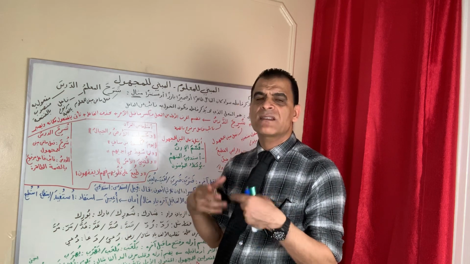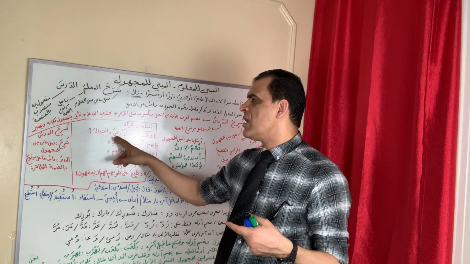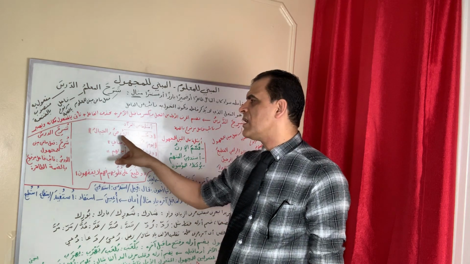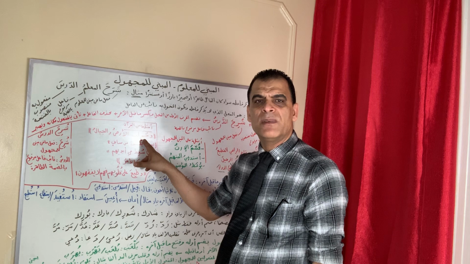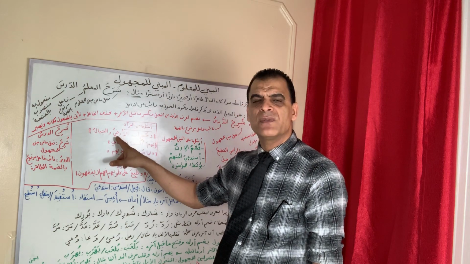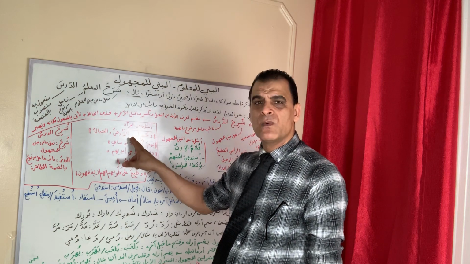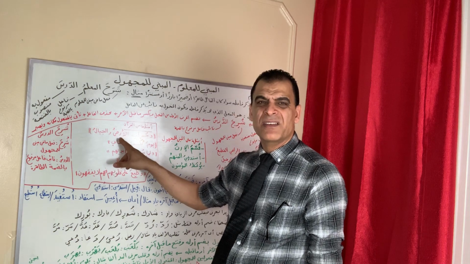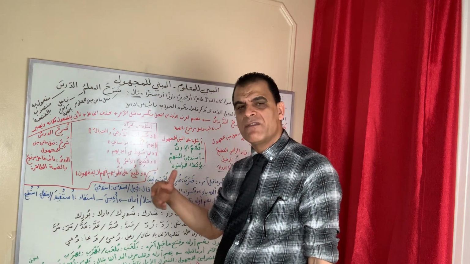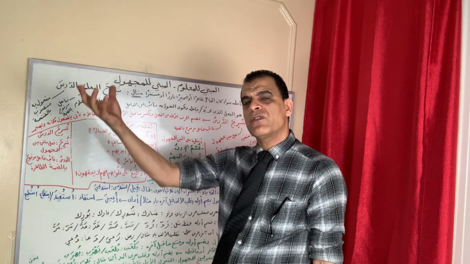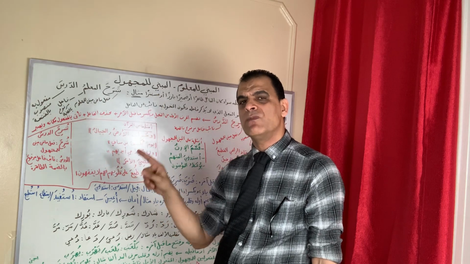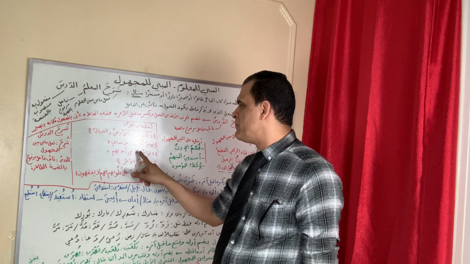So we erase the subject and we bring the object. So حملت الأرض. حملت is فعل ماضي مبني للمجهول, and الأرض is نائب فاعل. We add تاء for female. الأرض is like female, so we add تاء. If the object before becomes the subject and is female, we put تاء للتأنيث.